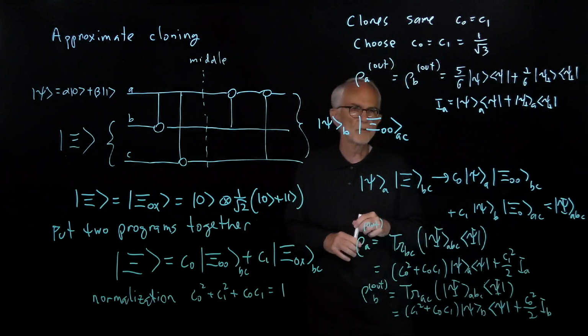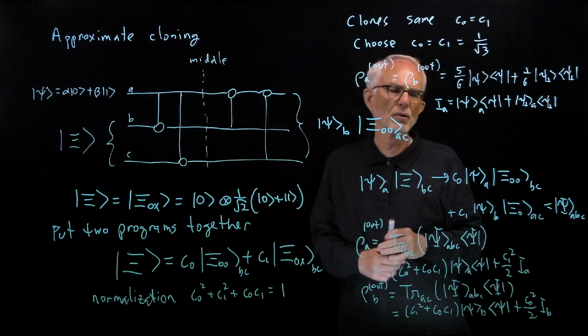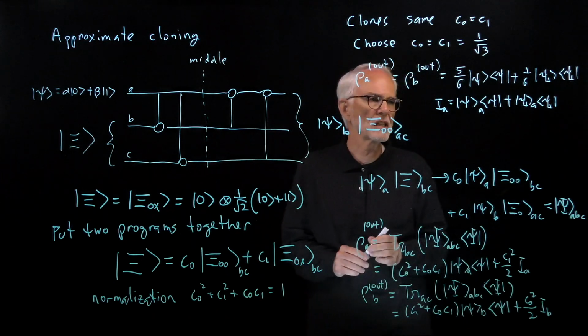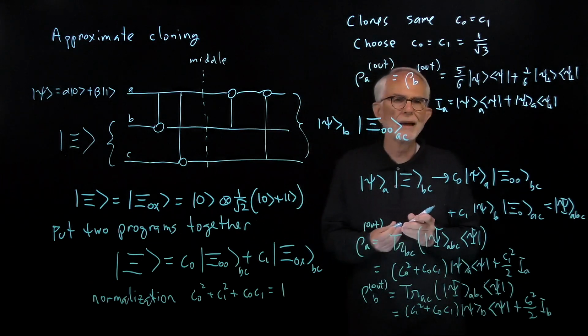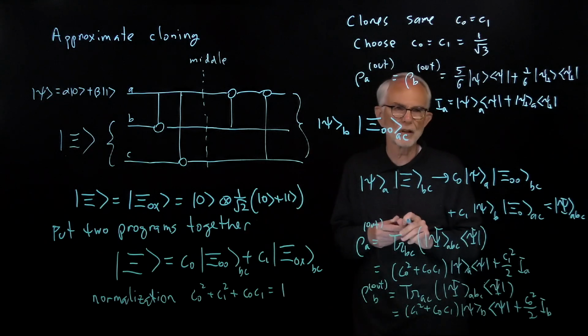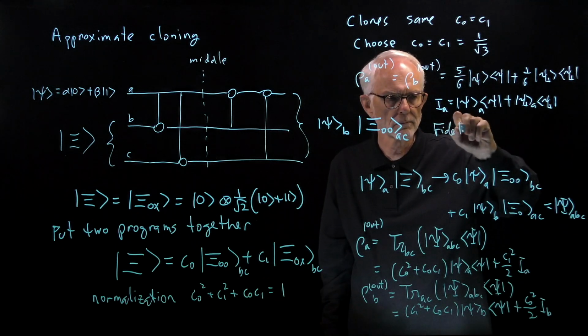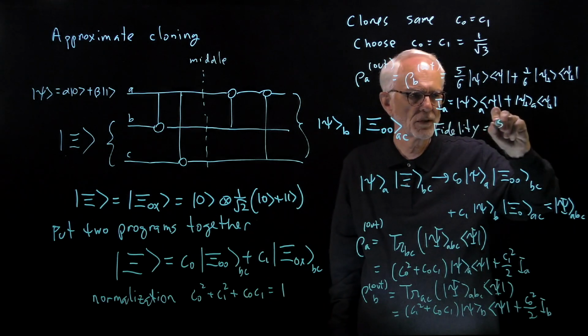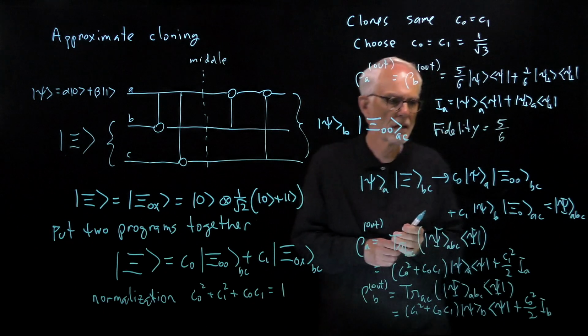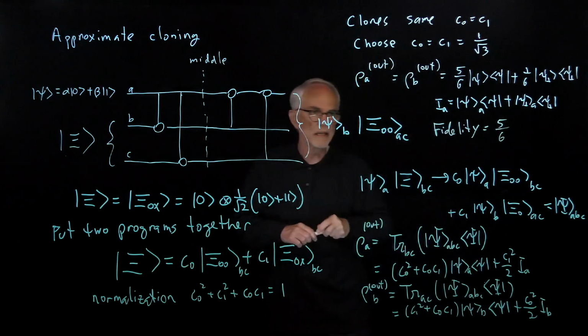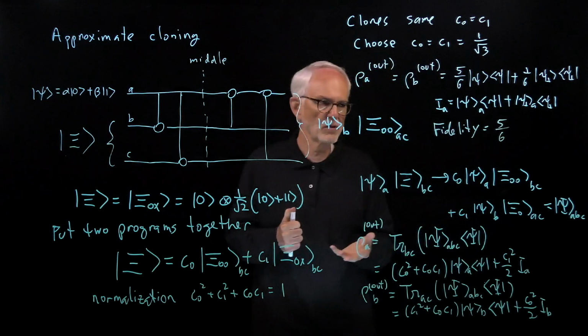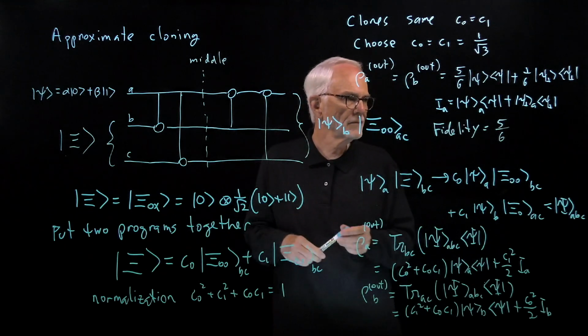So both of the clones have 5/6 part of psi and 1/6 part of psi perp. And that gives us that the fidelity of the clones is just equal to 5/6. So we get two clones, each with fidelity of 5/6, which is not too bad.